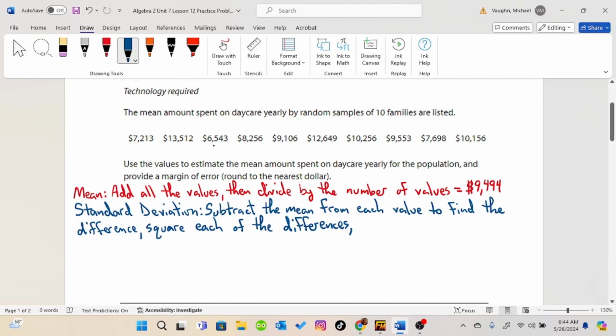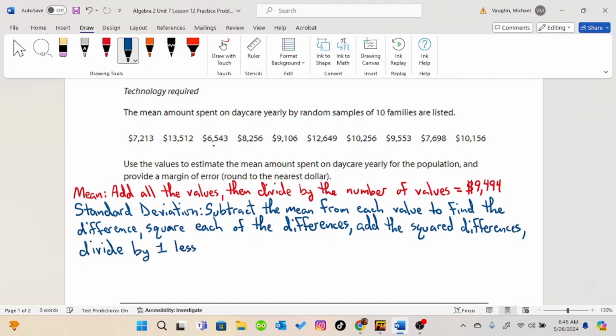Once you square each of the differences, you are going to add all these squared differences together. Then you will divide by 1 less than the number of values you had. In this case, since we had 10 values, we would divide by 9. And the last thing you'll do is take the square root.